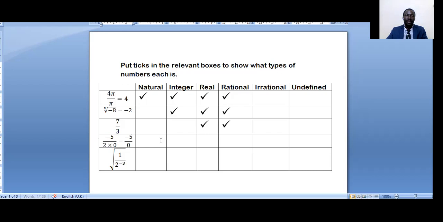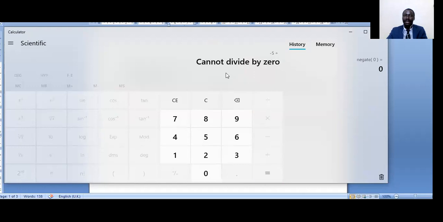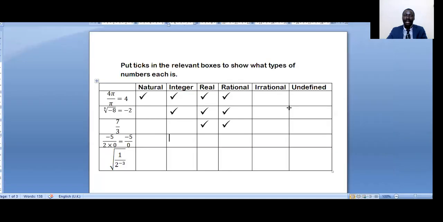Okay, so -5 divided by 0, right here. What do we get? Yes, cannot divide by 0. What that means is this is simply undefined.